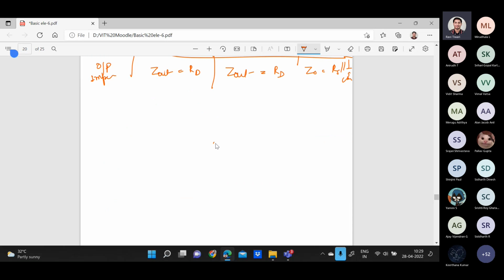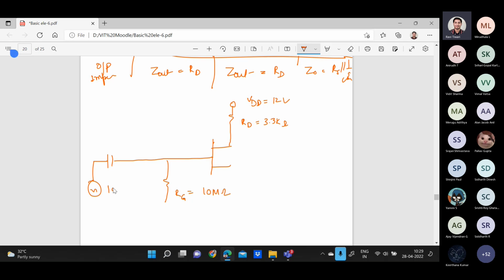They have given one FET like this. RD is equal to 3.3 kilo ohm. VDD is equal to 12 volts. One capacitor is connected like this, and the value of RG is 10 mega ohm. Here they are providing one signal that is 100 millivolts sinusoidal RMS, root mean square.